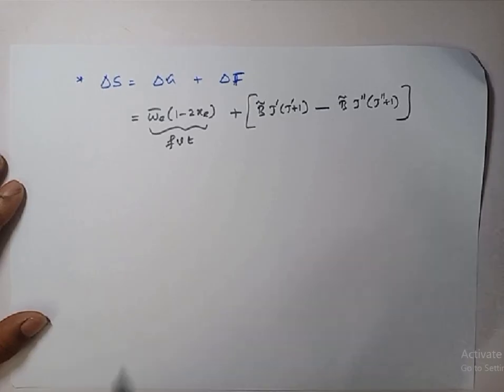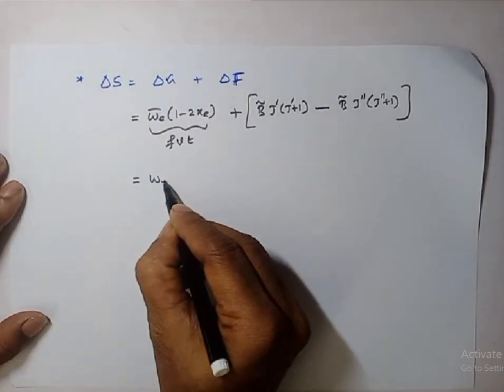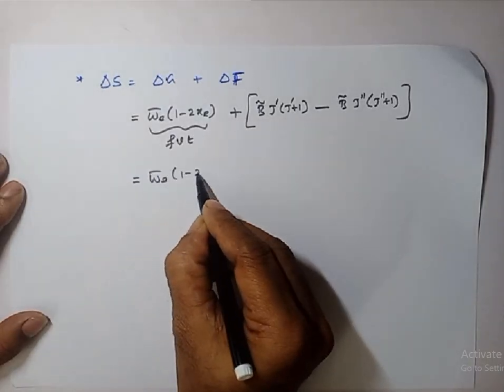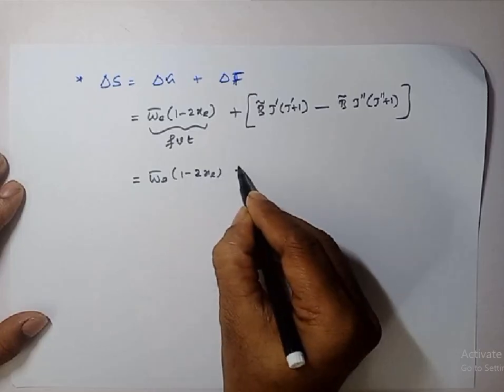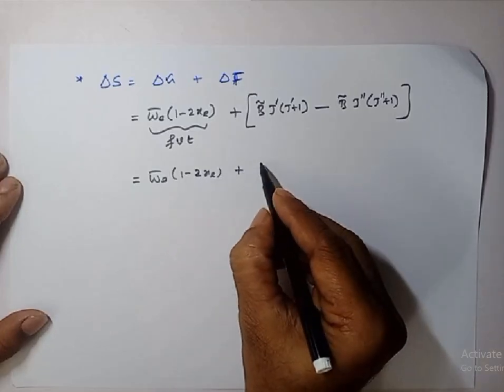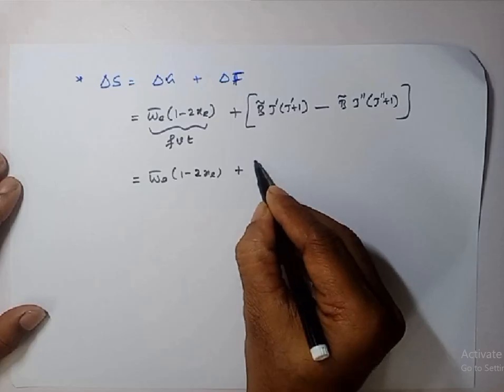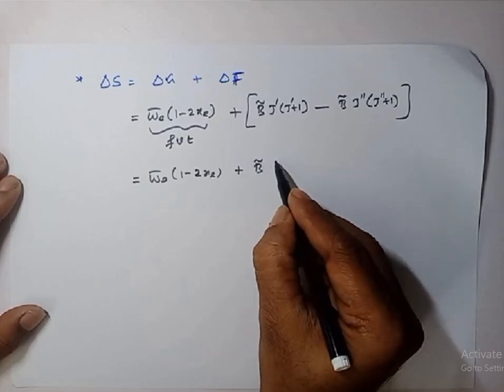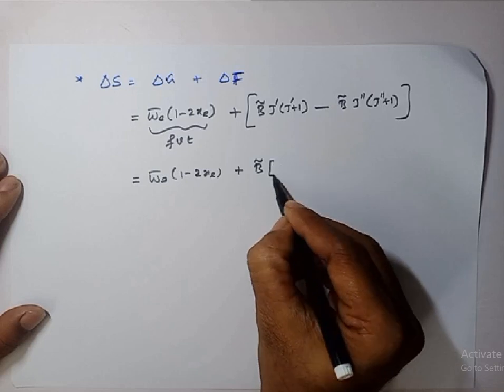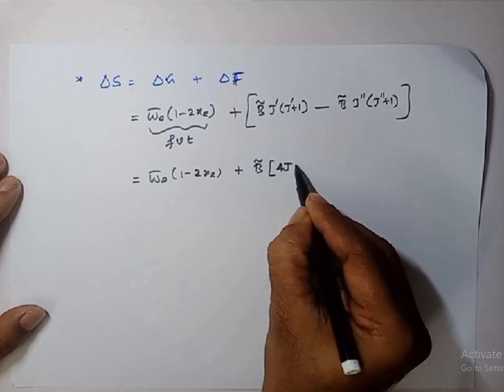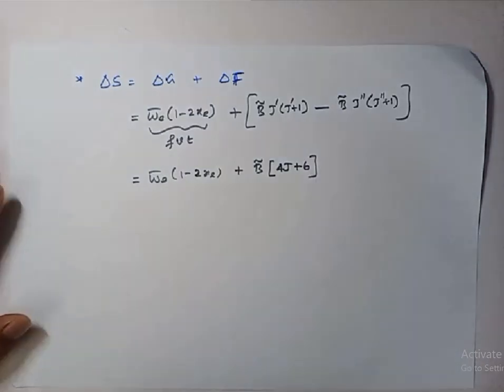Is this clear to all? Or I can write directly omega e bar into 1 minus 2xe plus B into 4J plus 6. Do you remember this formula? We discussed this in the beginning.